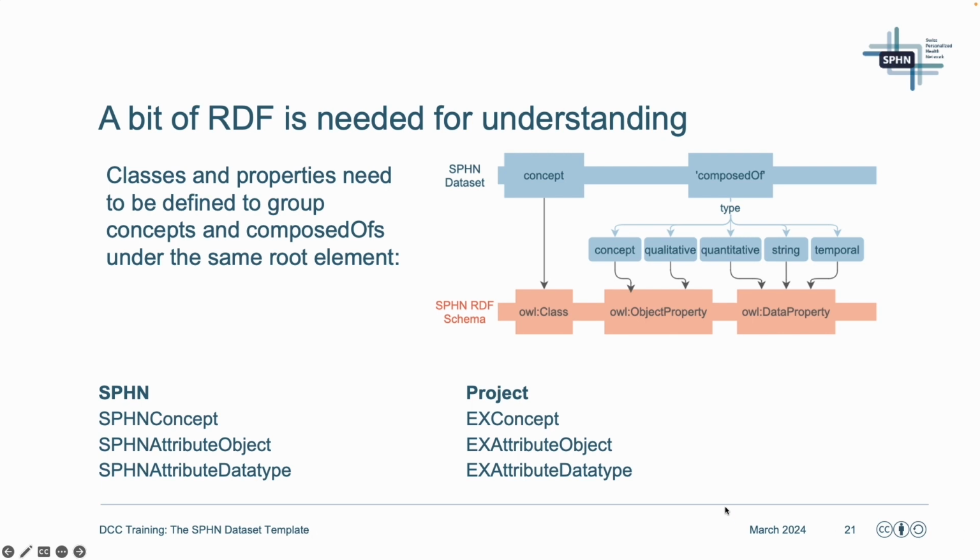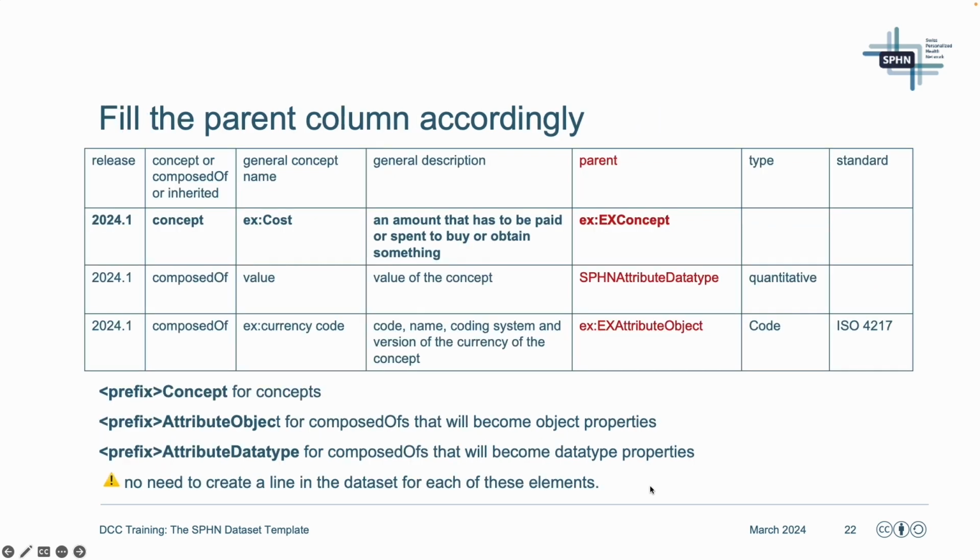So using the prefix of the project, the patterns that are expected to be written in the parent column for project-specific concepts are the following. You should have example concept, example attribute object, example attribute data type. So in the case of cost, the parent is X concept. So you need to still provide the prefix followed by the colon and then this root concept name.